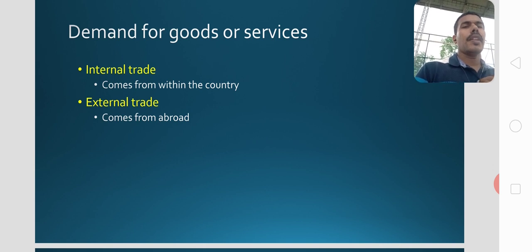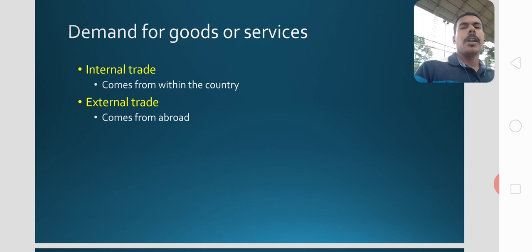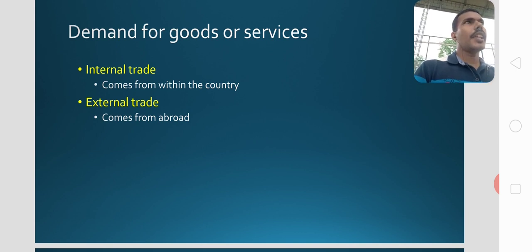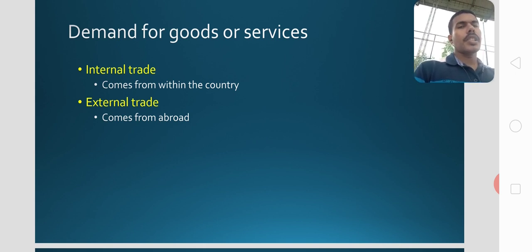At the same time, for external trade, the demand for commodities is coming from abroad or foreign nations. For example, demand for Indian textiles. India is well known for its textile industry. Coimbatore, our city of Tamil Nadu, is a major city. It is also called the Manchester of the South.